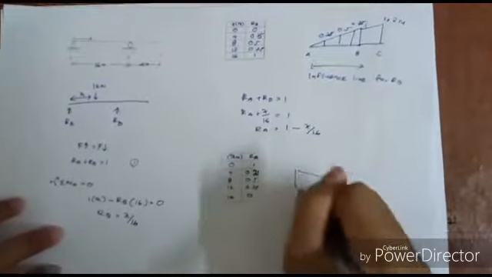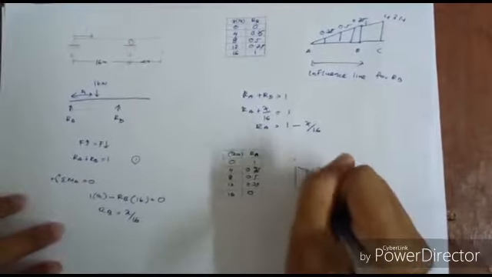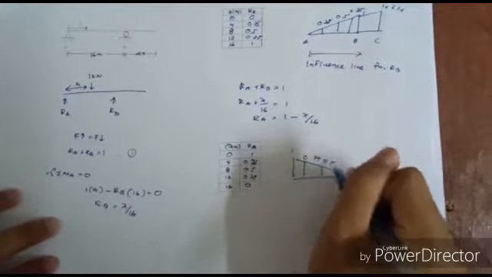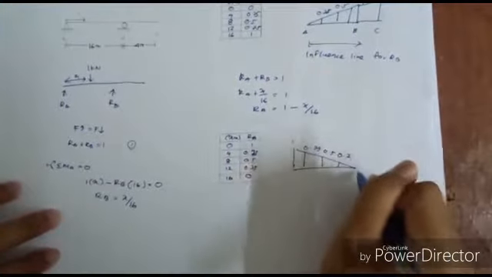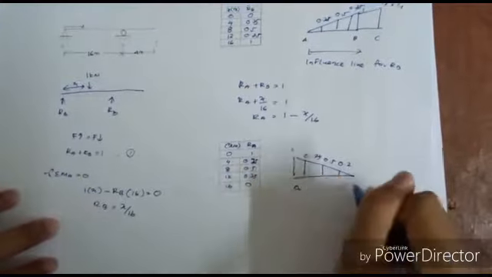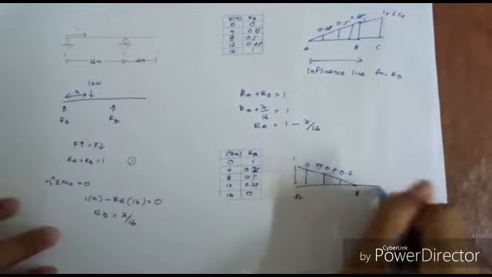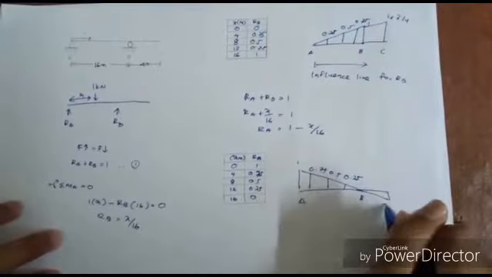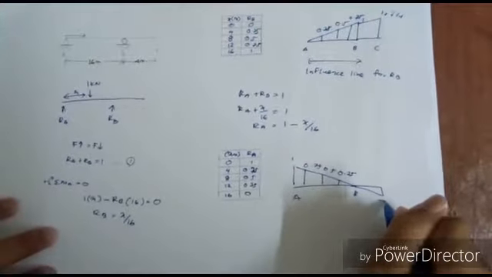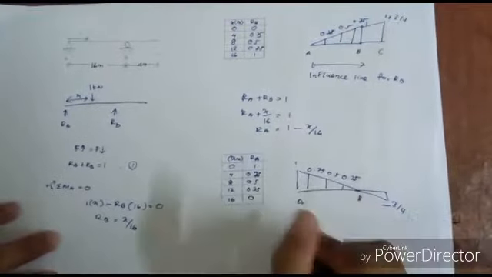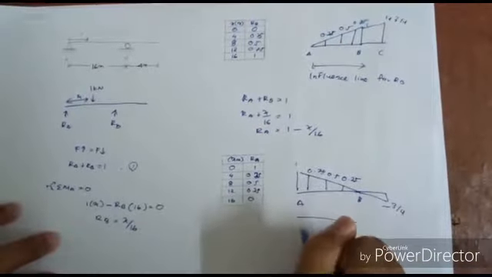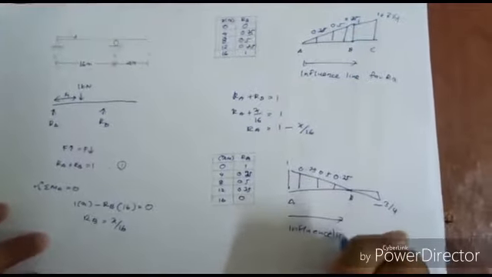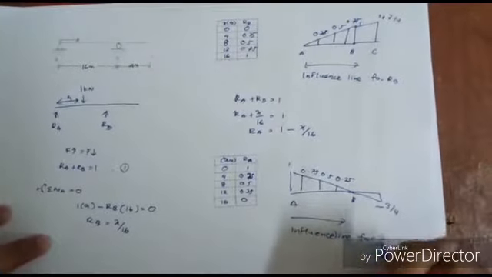We can draw like this with A, B and C. Here is negative 3 per 4. So this is the influence line for RA.